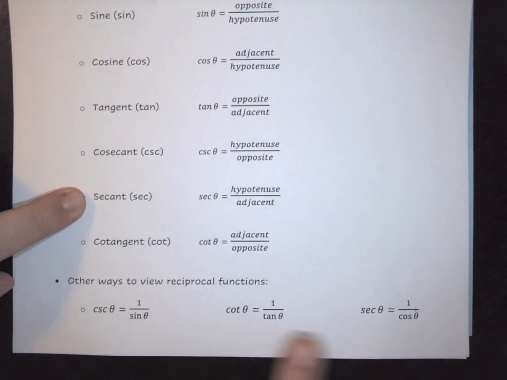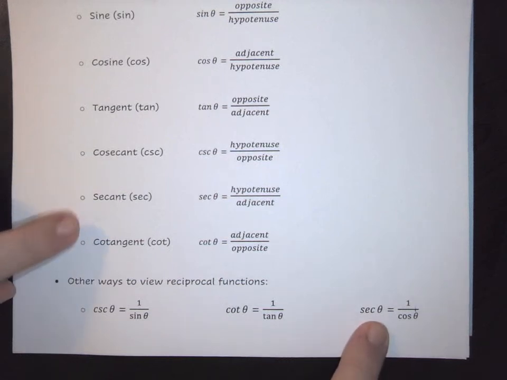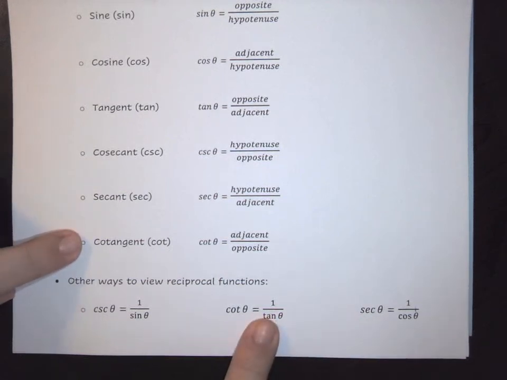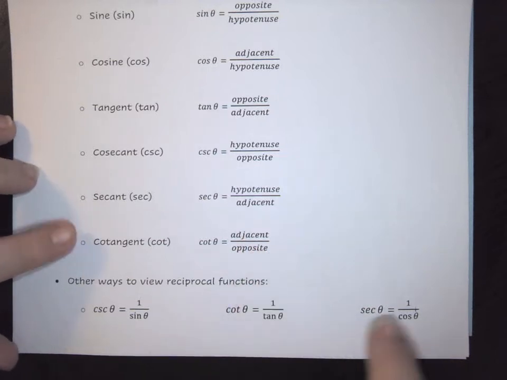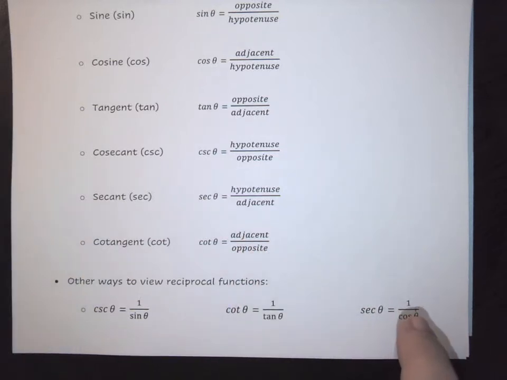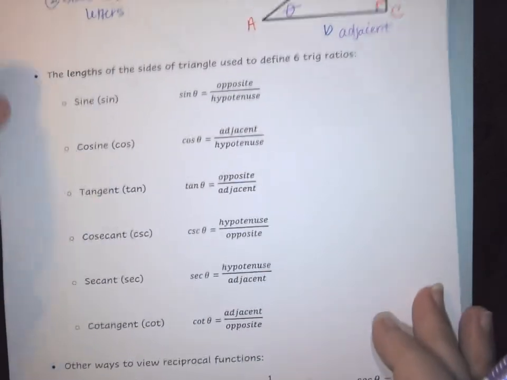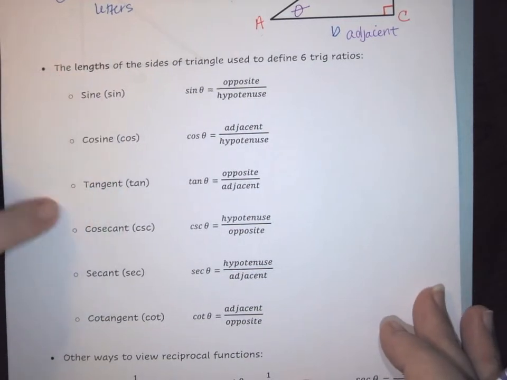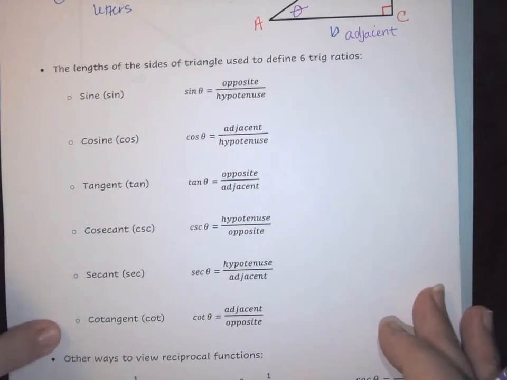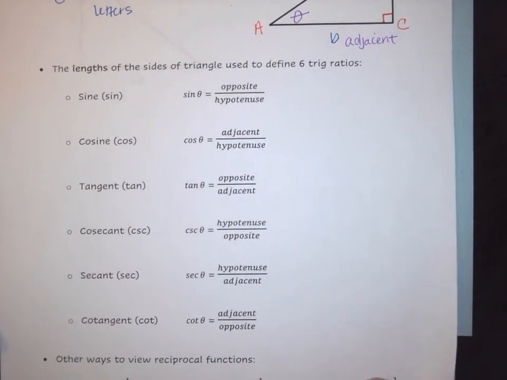My secant is the reciprocal of cosine, and my cotangent is the reciprocal of tangent, which is why their fractions are just the exact opposites of what we have. So we have the major three, which are the main ones, and then we have their reciprocals, which are the minors.